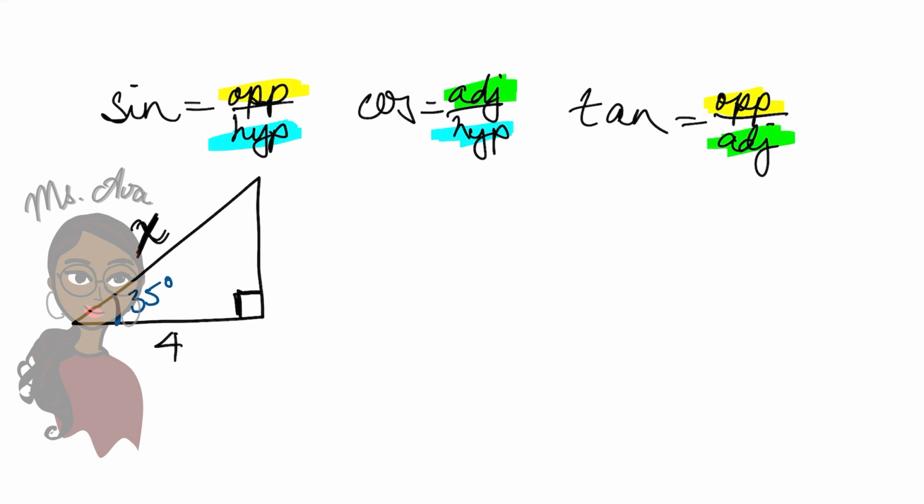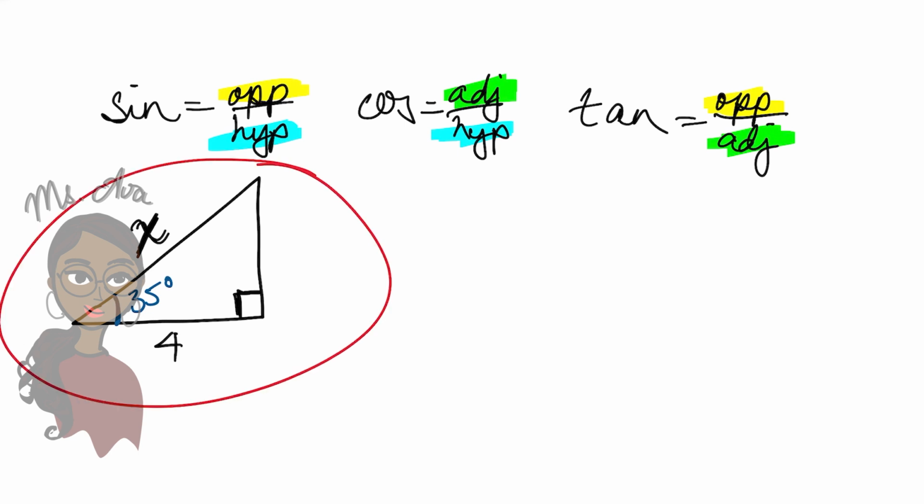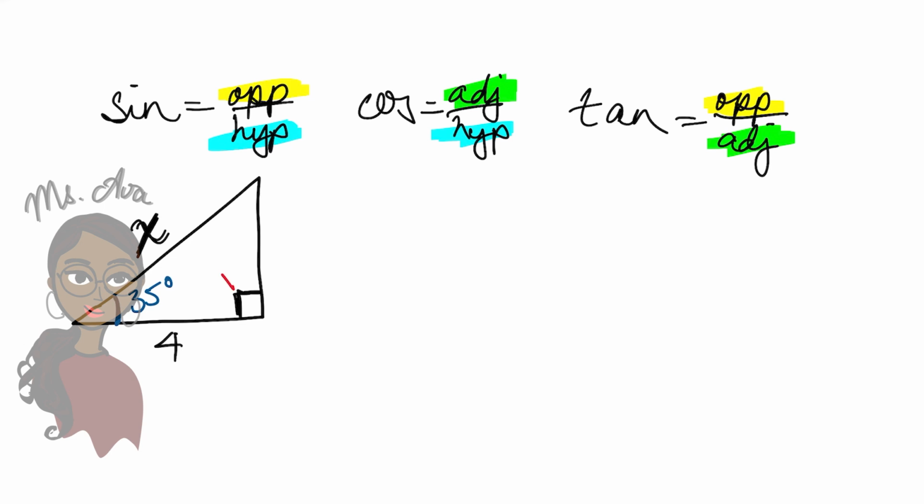First, the hypotenuse is always the one that is across from the 90 degrees. So you're just going to put an H right there. Then you look at the angle that is given to you, and across from that angle is going to be the opposite. So you put an O, and the only one that's left is going to be the adjacent, the one that's right next to it.